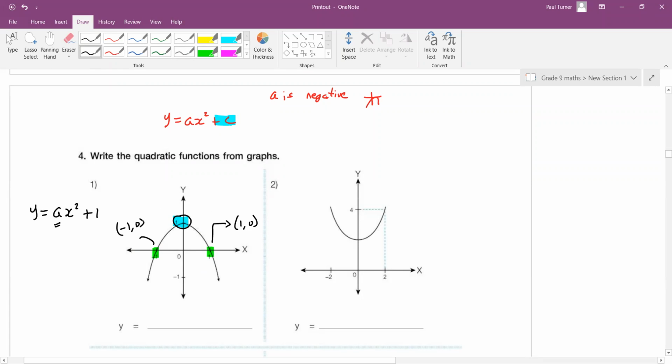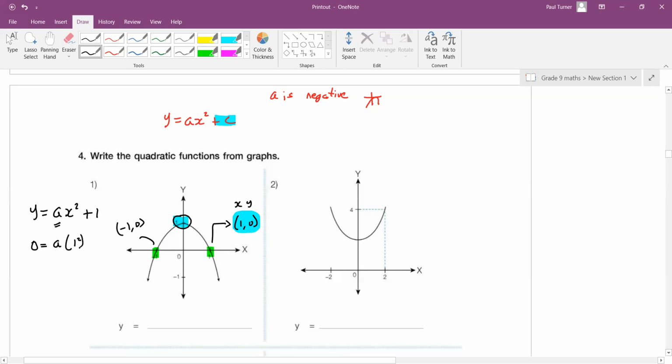Okay, so we've got some information. What I'll do, I'll use this one here, this number here. What I'm going to do, I'm going to take that number and call that x and y. And I'm going to put these numbers back into this equation here. I'm able to do that because this point is on the line, which means I can substitute back to the equation. So in this case, y is 0, x is 1.